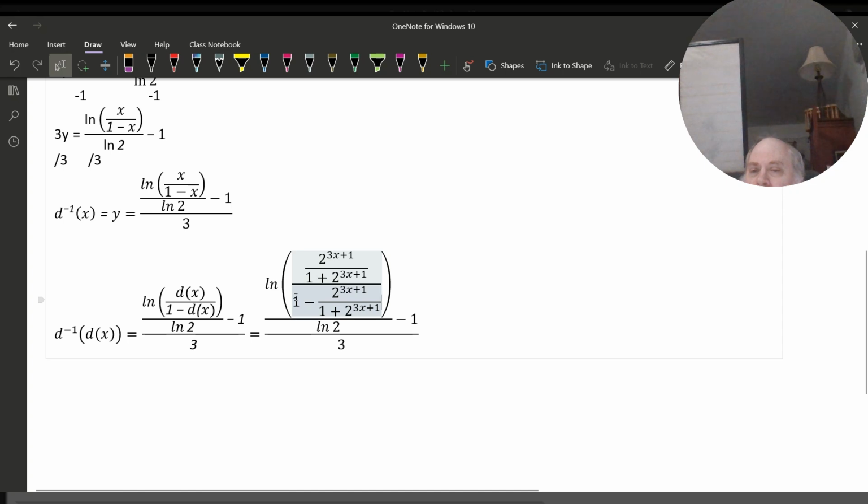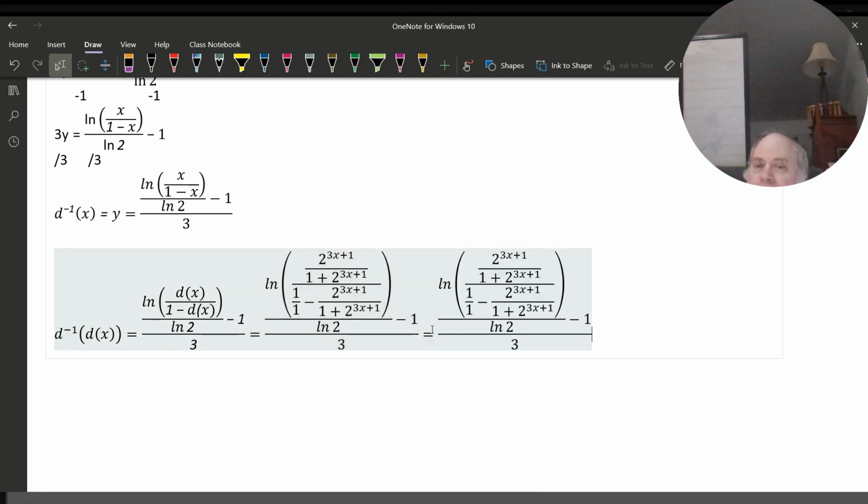And this 1, because it's playing with a fraction, turns into 1 over 1. Now we common denominator over here.